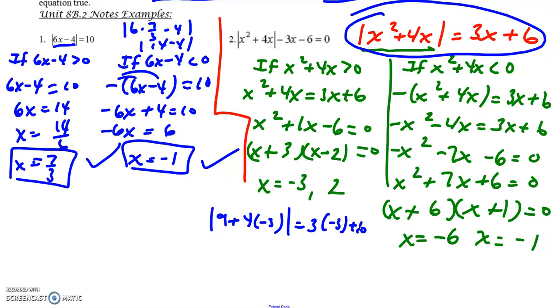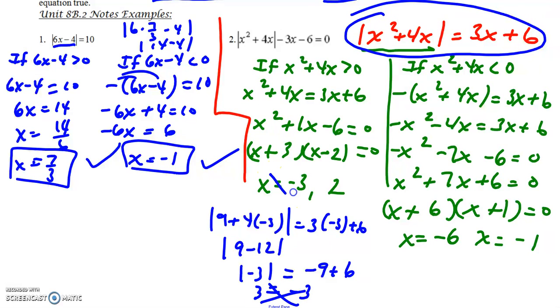Let's see if that's true. The absolute value of 9 minus 12, which is the absolute value of negative 3, does that equal negative 9 plus 6? Well, the absolute value of negative 3 is positive 3, and negative 9 plus 6 is negative 3. So this is not true, which means that this answer does not work.